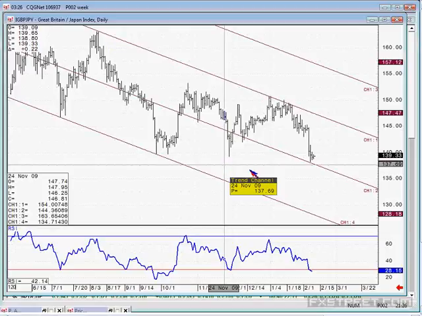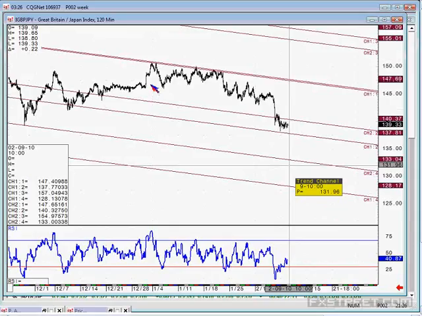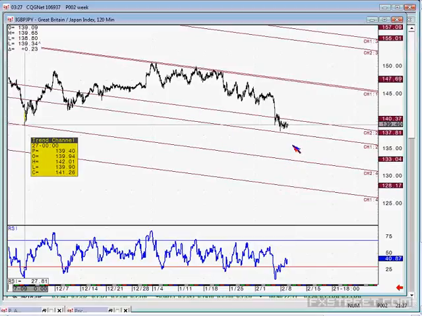But when I look at the hourly chart, it would give you a different picture or scenario. Let's see what the hourly is telling you. If I draw a channel, let me remove this.